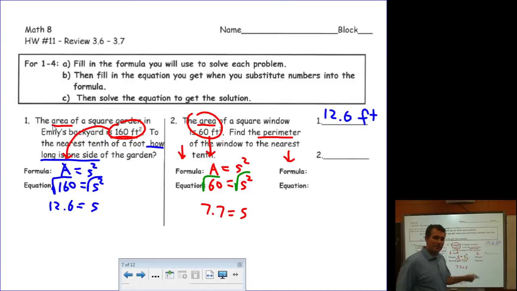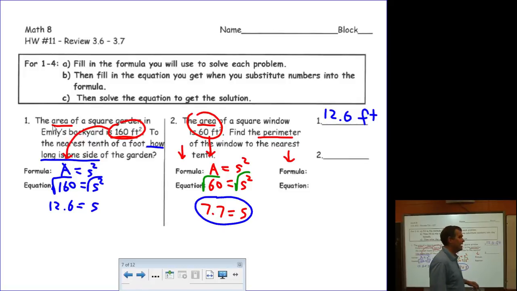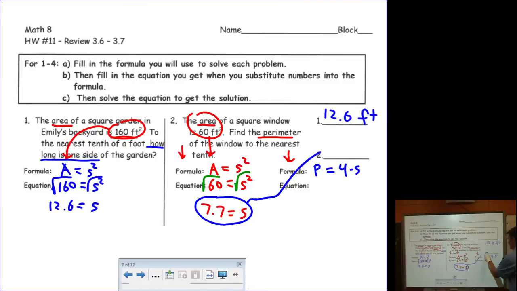Then my other formula will take the side length and help calculate the perimeter. To do that, I would use the formula for perimeter. Perimeter equals 4 times side length. And I would substitute this in for the side length.